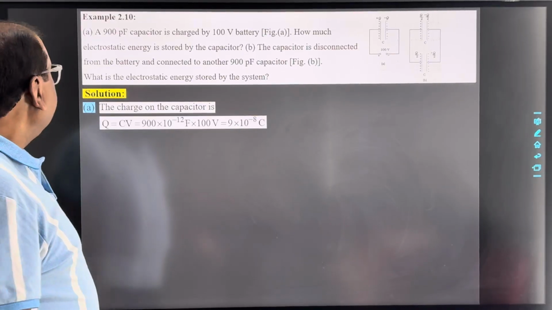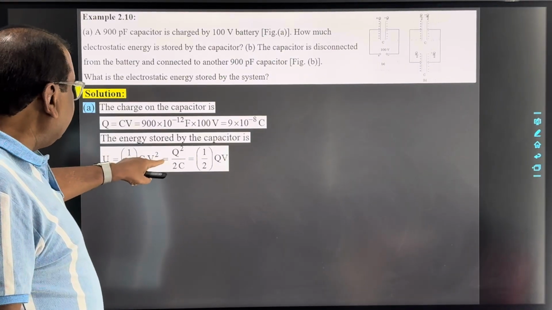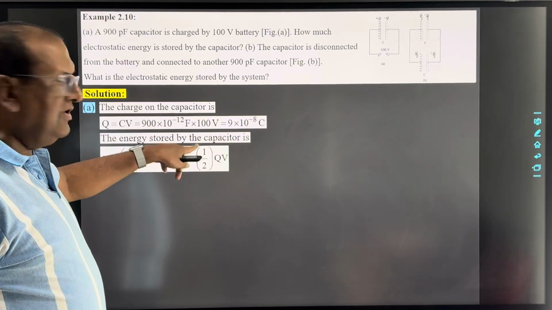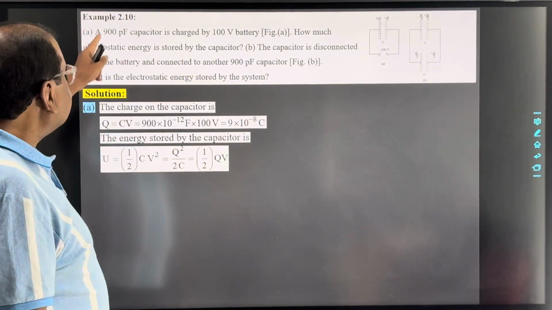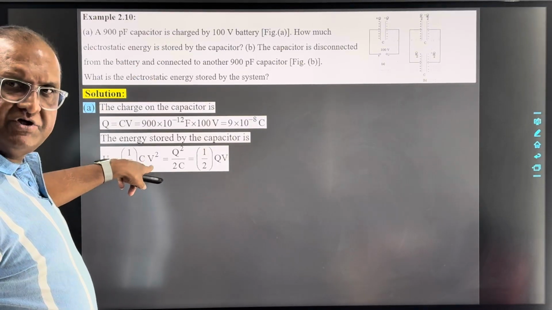U equals half CV square, or Q square by 2C, or half QV. Here C and V are directly given to you, so you can calculate by this equation also.